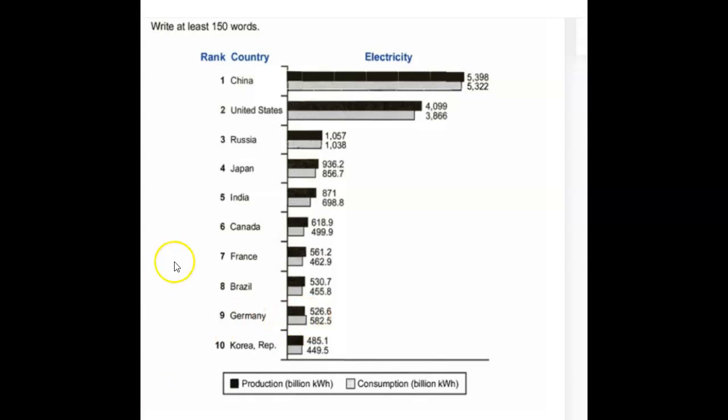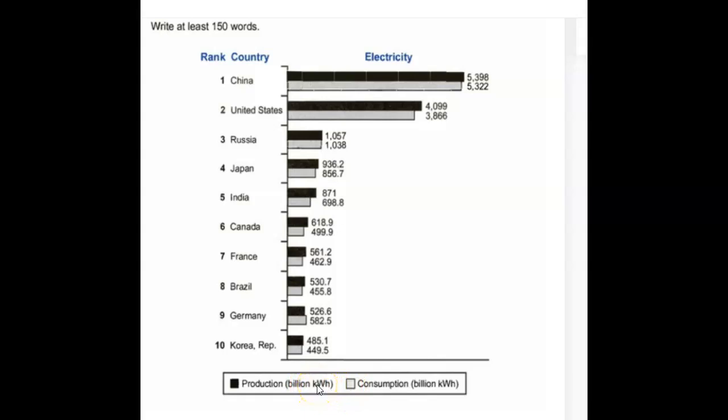So if we were going to go back to the countries in terms of their rank, you would obviously want to talk about Russia next. And one thing that I would probably say here is that Russia is the third and last country whose production and consumption of electricity exceeded the 1,000. Don't forget also, I neglected to do this so far, but this is actually in billion kWh, whatever this is. It doesn't matter.